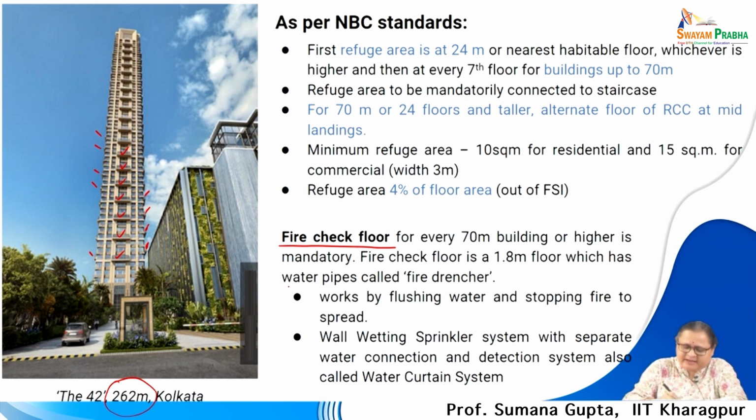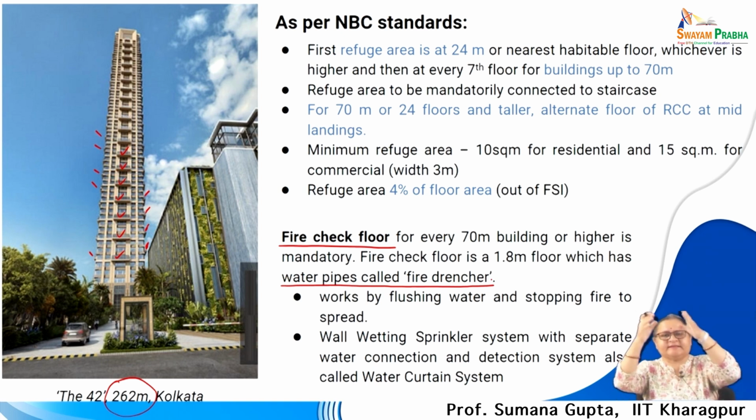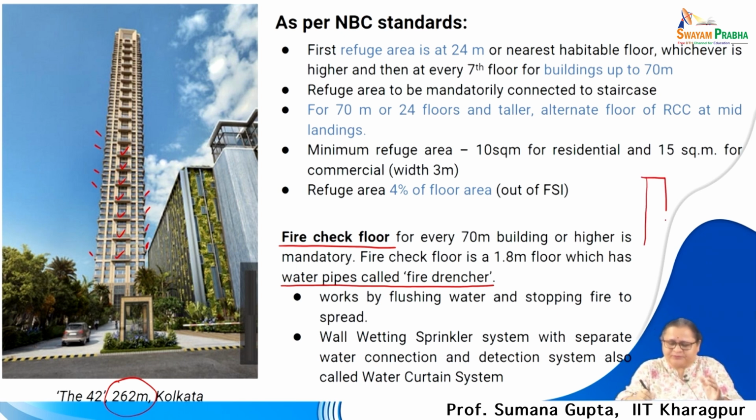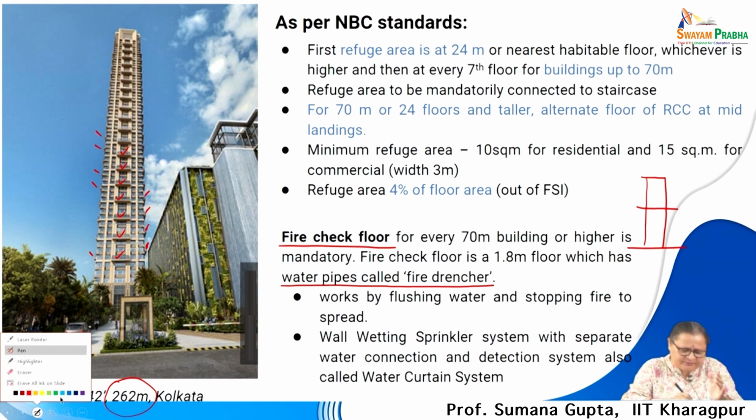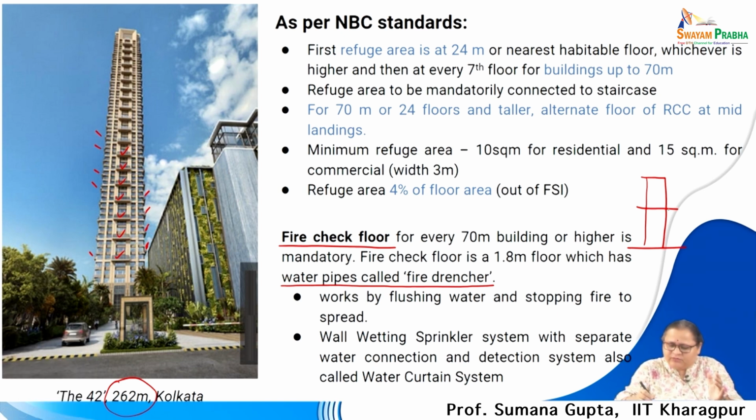of water pipes, which will drench the entire building facade. So, the building tower above 70 meters will be drenched by water from this floor, which is the fire check floor.